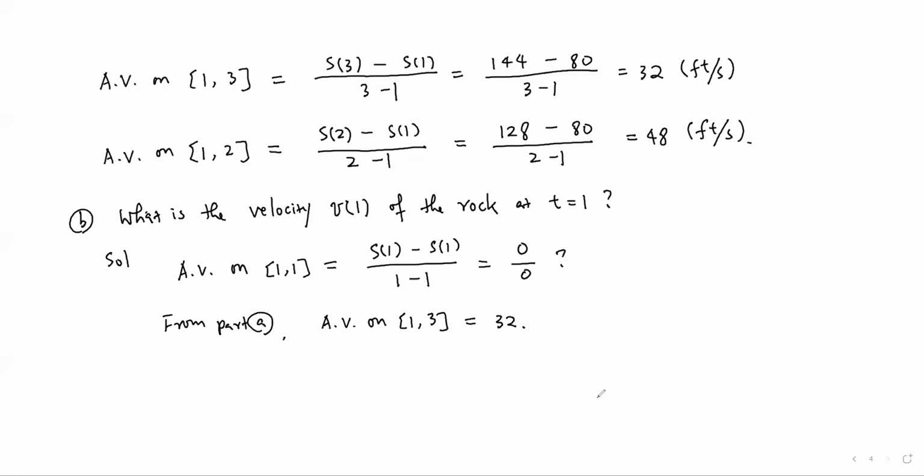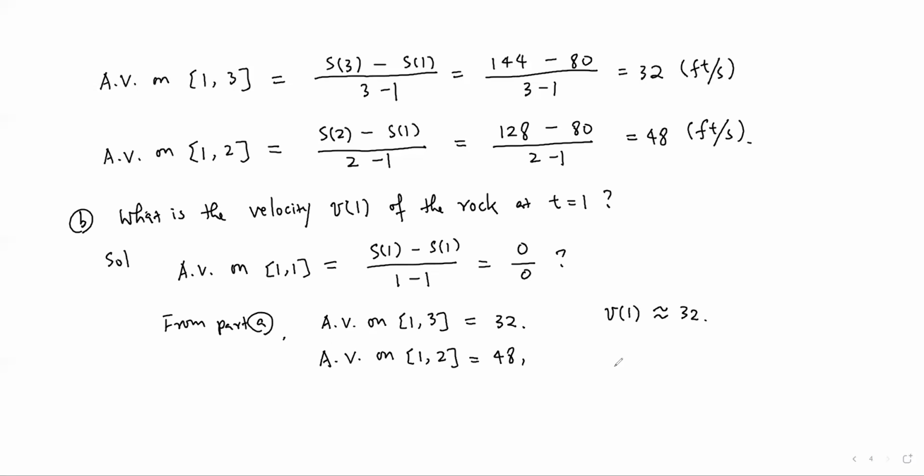Now, I can guess that the instantaneous velocity at 1 roughly is 32, not exactly. Also from part A, the average velocity over the time interval 1 to 2 is 48.